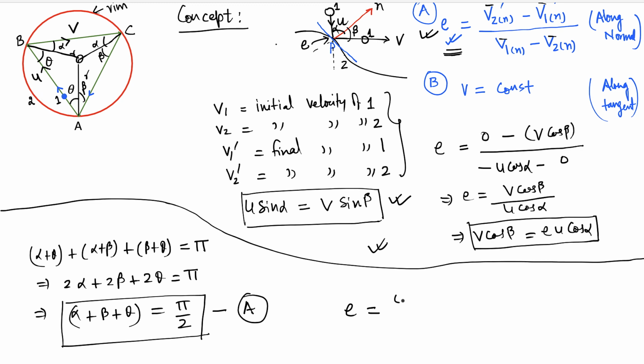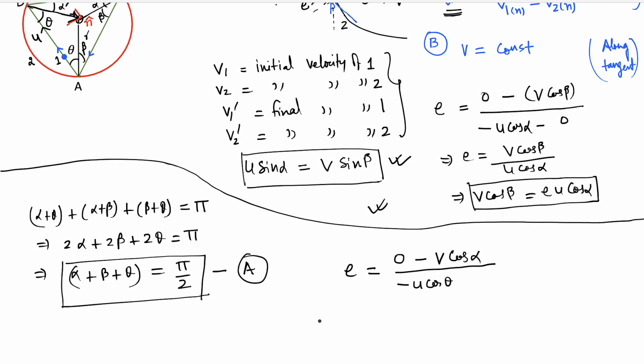The second object velocity is always 0, so 0 minus the velocity of the first one after the impact along the normal. The normal is always going to be towards the center, so this one is the normal. So that is v cos alpha, divided by the initial velocity of object 1 in the direction of the normal, which is minus u cos theta. Therefore we can write v cos alpha is equal to E u cos theta.